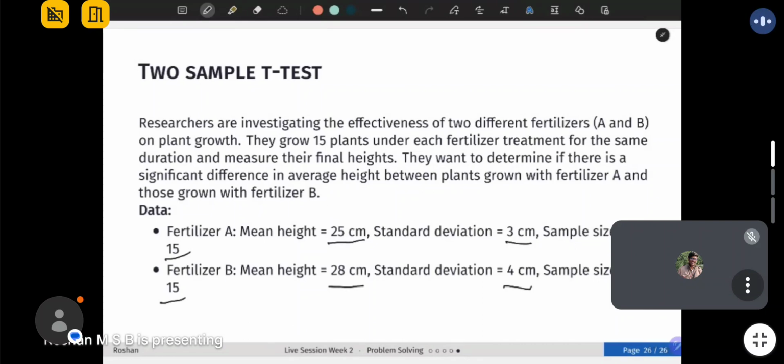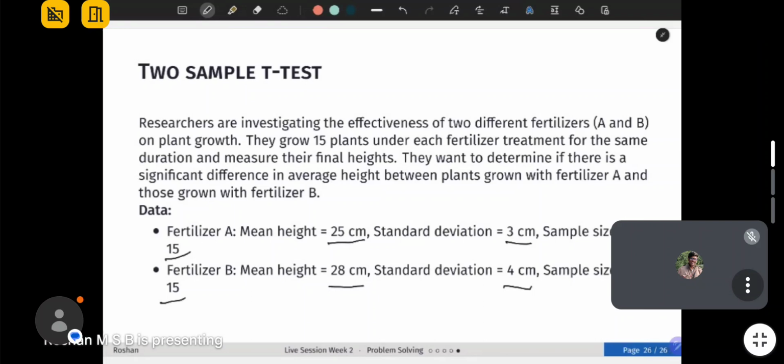I'll give you all around 10 minutes. Try to solve this question. Try to gather all the formulas that you have learned for the two sample t test, and once you are able to solve it, I'll be solving it again.